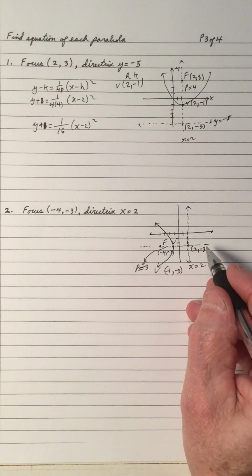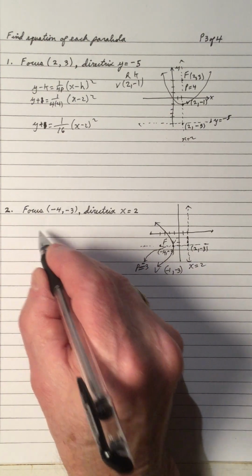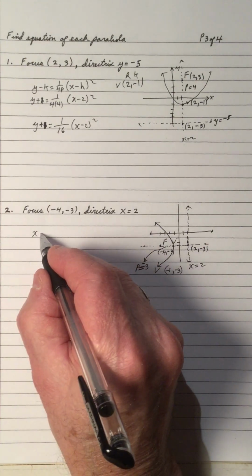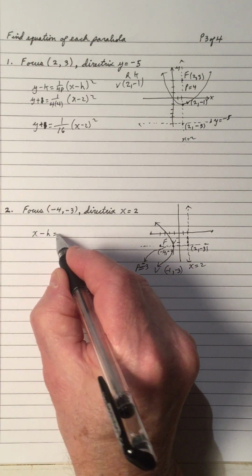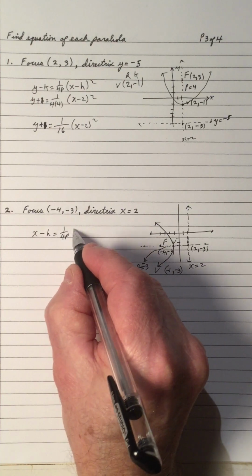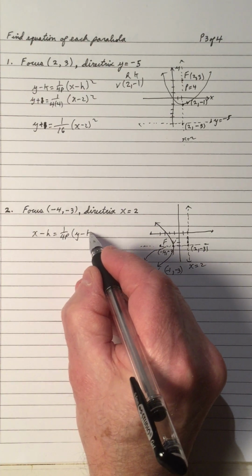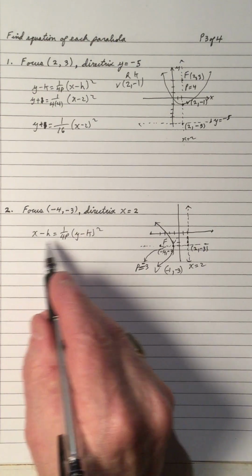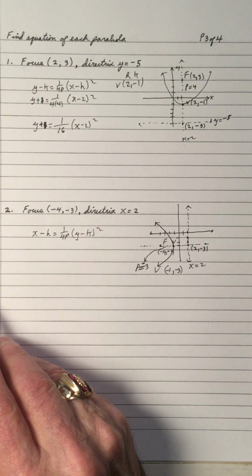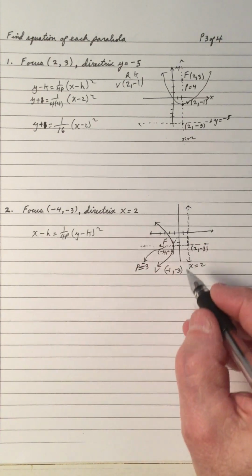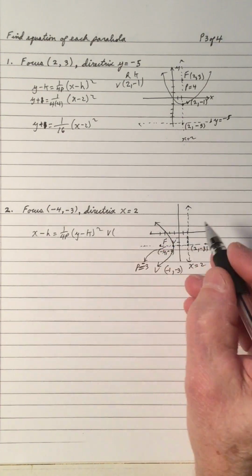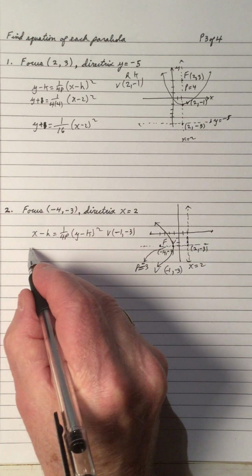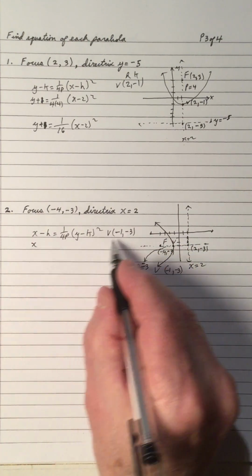Perfect. So we have an equation, and this time because it's moving sideways, it's x minus h equals 1 over 4p times y minus k squared. The parabola is moving sideways, so it's x equals y squared. And so the vertex, and again, just state the vertex, make sure I don't make that mistake. Vertex is -1, -3. So it's x minus h.